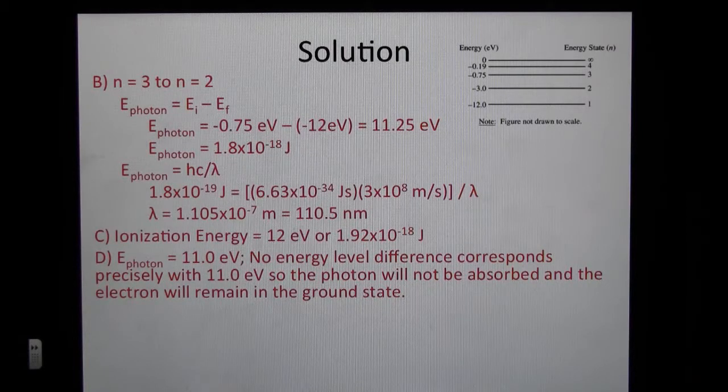So the photon will not be absorbed and the electron will remain in the ground state. Remember, for a photon to actually be absorbed, it has to have an energy exactly equal to an energy level difference.